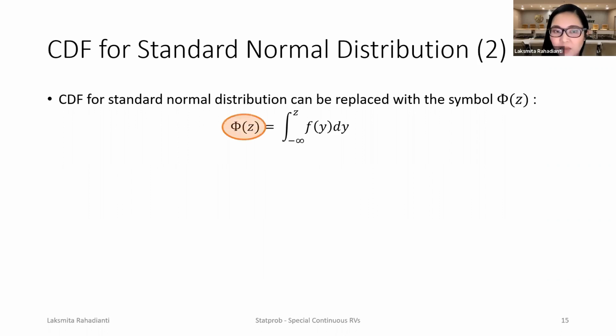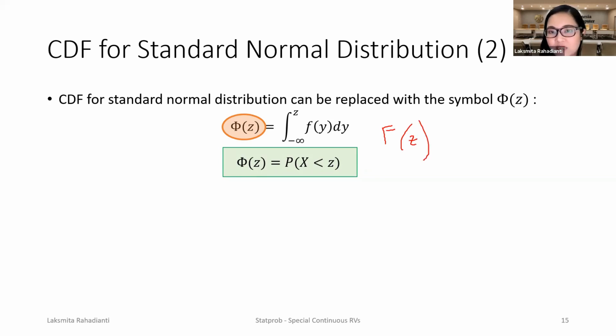And this symbol is what is used when you are considering a standard normal random variable. So it basically means the same as what F_Z would mean. By F_Z, I mean the large F. So it basically means the same thing as F_Z.